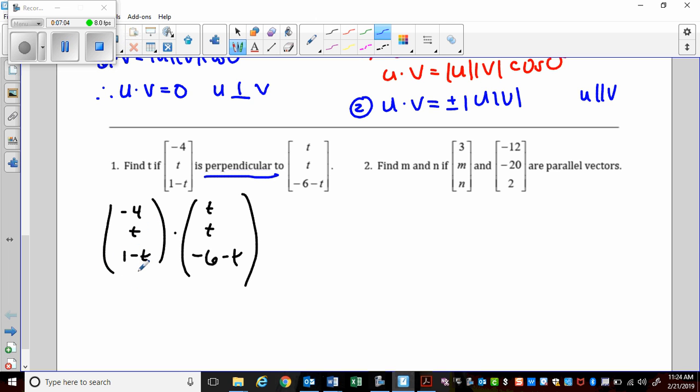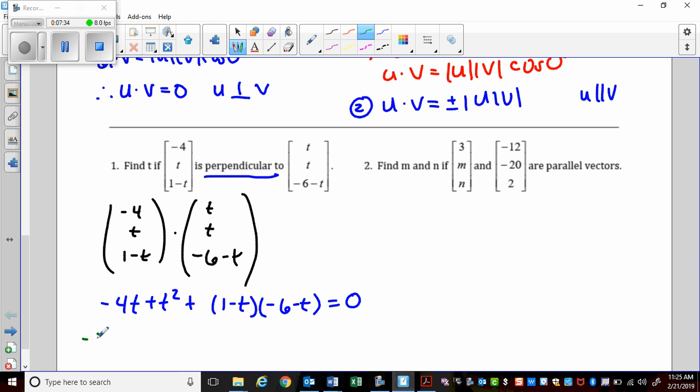So we have negative 4 times t is negative 4t, plus t times t is t squared, plus, this one, we're going to have to multiply them. So we have parentheses 1 minus t, and then negative 6 minus t, and this equals 0. We're going to have to FOIL this.